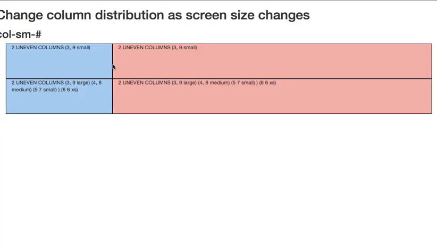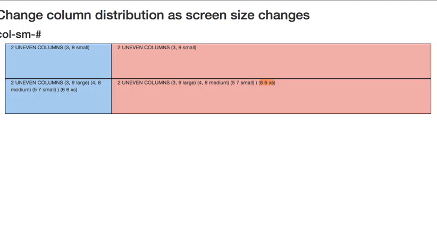Here we have an example of using Bootstrap code to change the distribution of columns depending on the screen size. Up top, it's going to be 3 and 9 no matter how big or small the screen is. But this second example will be 3 and 9 when the screen is large, 4 and 8 when it's medium, 5 and 7 when it's small, and 6 and 6 when it's on a smartphone or extra small.